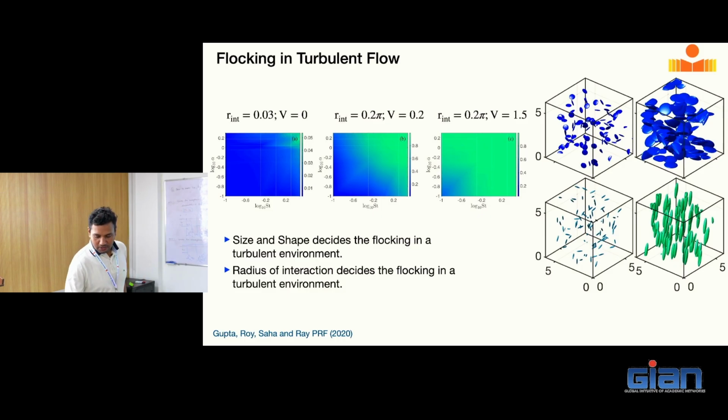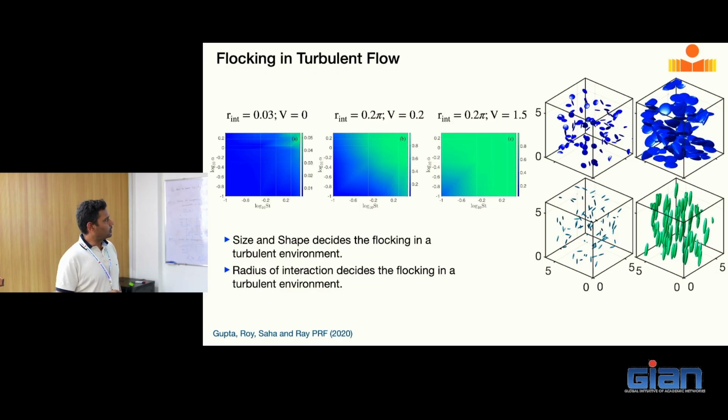So in this region, when you are more rod-like and at intermediate to moderate Stokes number, you can see there is flocking. But as soon as you become flat and have low Stokes number, it starts to disappear. Stokes number can also be connected with size, because there is an expression in which size appears squared.